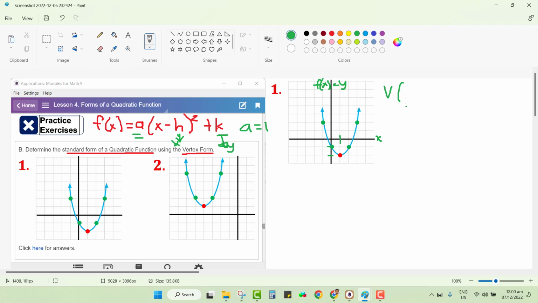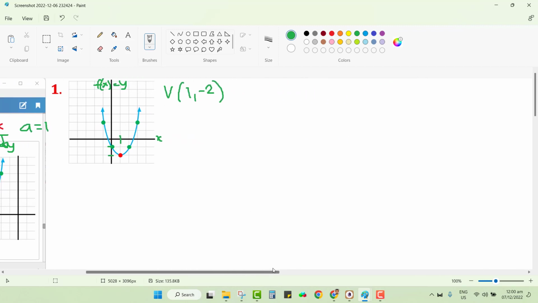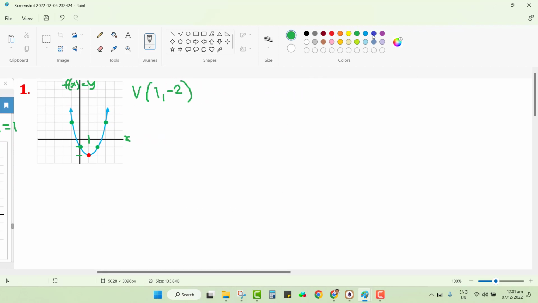The vertex here is given as 1 and negative 2. This is our vertex, and we are to substitute this into our vertex form to come up with our vertex form first. After that, we are going to come up with our standard form. Let's start from here.